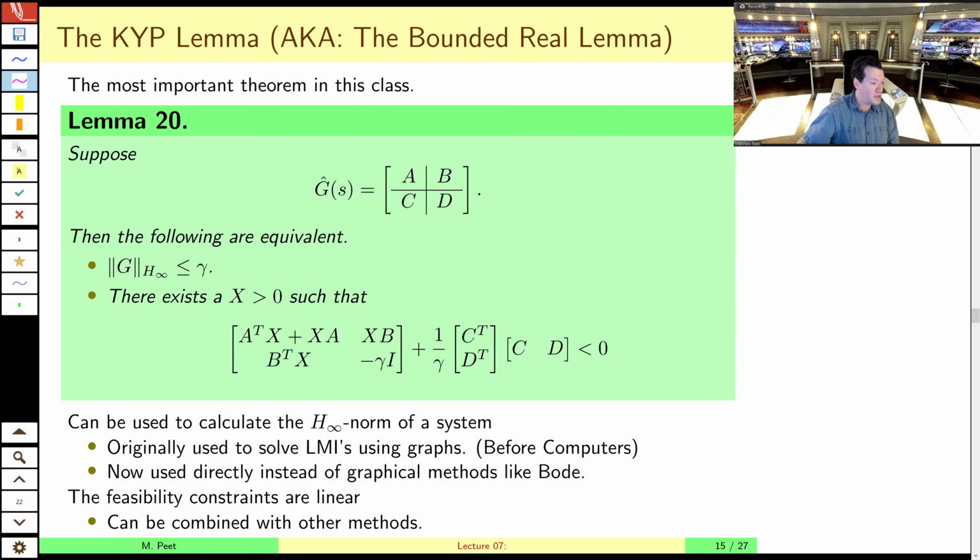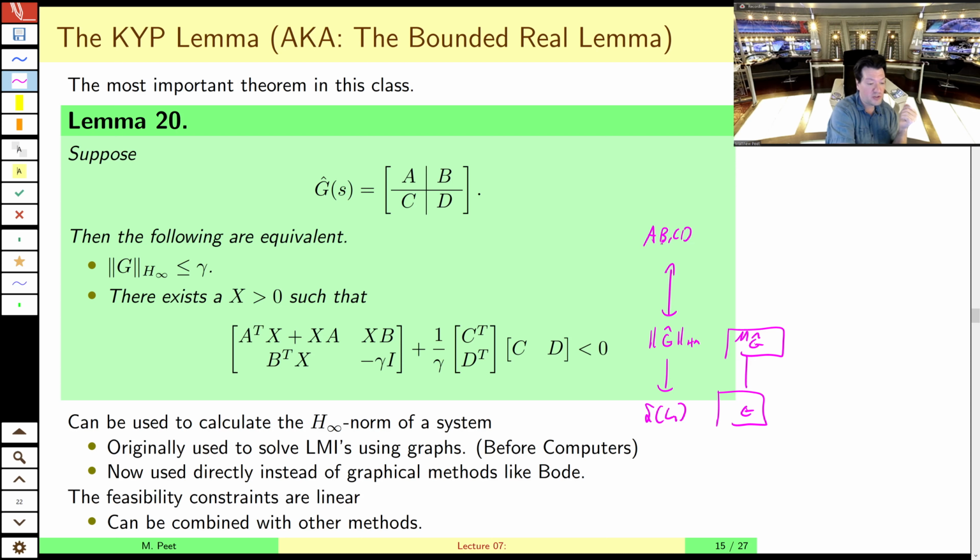Remember we have our map here: we have the system, we have the transfer function representation of the system, and we related the norm on that transfer function, that signal norm, to the induced norm on L2 of the system. Now, by restricting ourselves to RH∞, we're going to be able to say something about this transfer function norm using those A, B, C, D matrices.